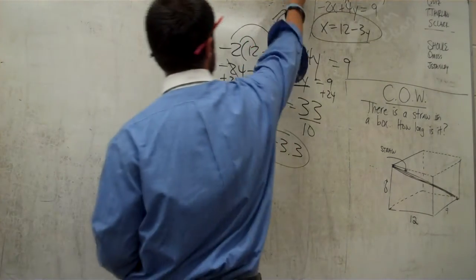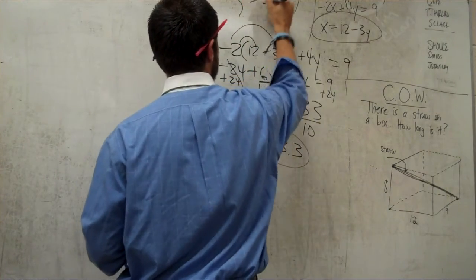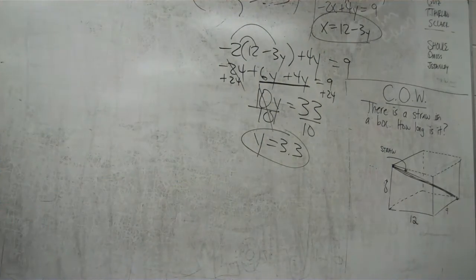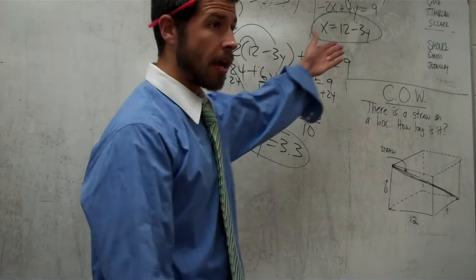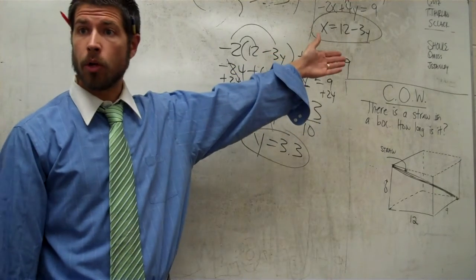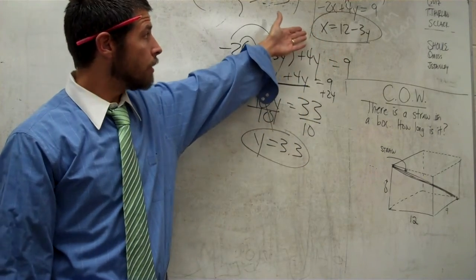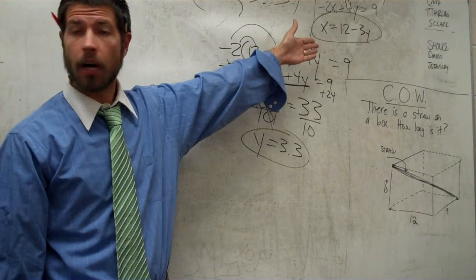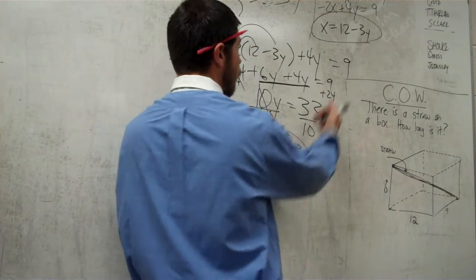Okay, so we go back up to the top. It is going to be x comma 3.3. How do you find the x value? Go back up to the beginning. Plug it in. Okay, which one do you want to plug it into? What we solved for. Plug it into the one that we have circled. All right? So let's just do this in our head. 3.3 goes right here.